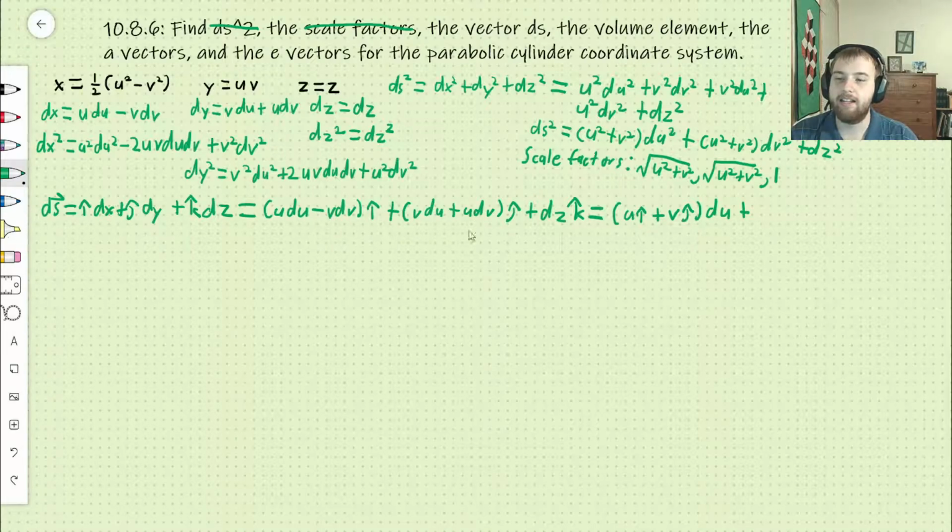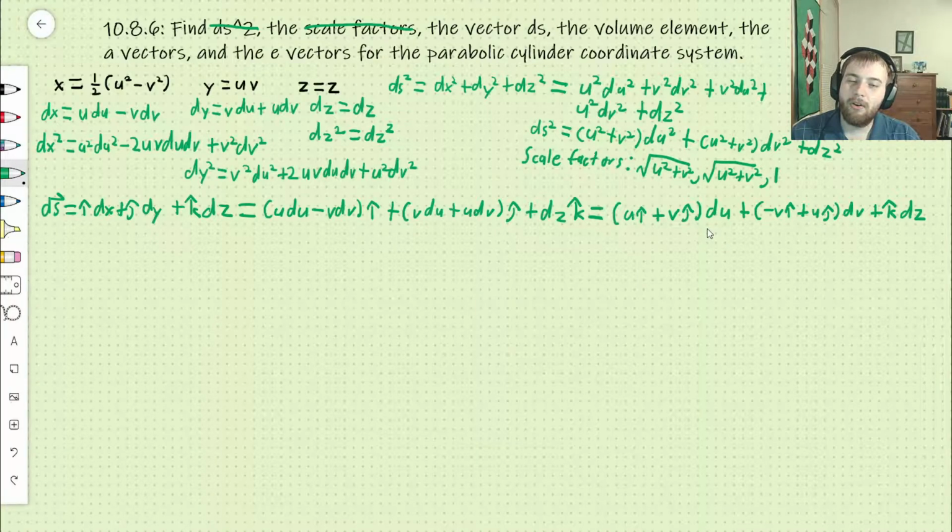Negative v i and u j, which sounds very similar to what I just said, but it is actually the reverse, so don't get those mixed up. And then what has a dz part? k hat. See what I mean about how we can kind of ignore it? It's just tagging along for the ride, but it's not doing a ton, which is nice. So we have found the vector ds.